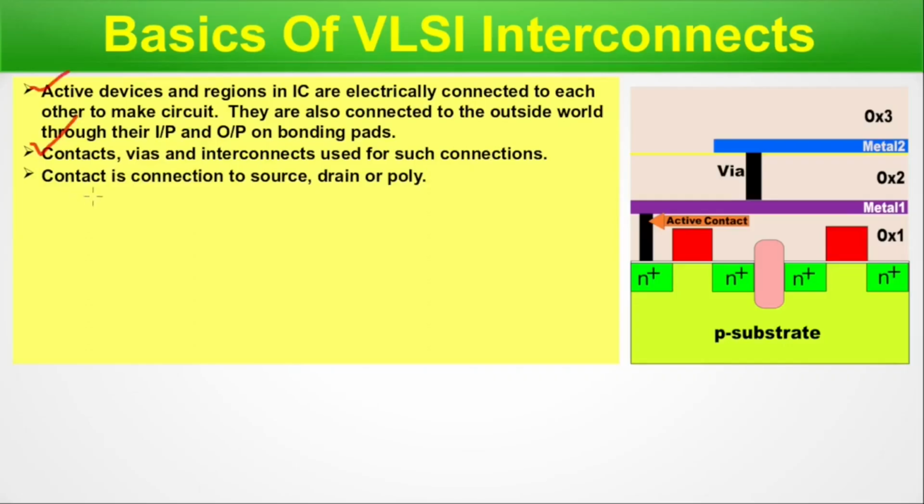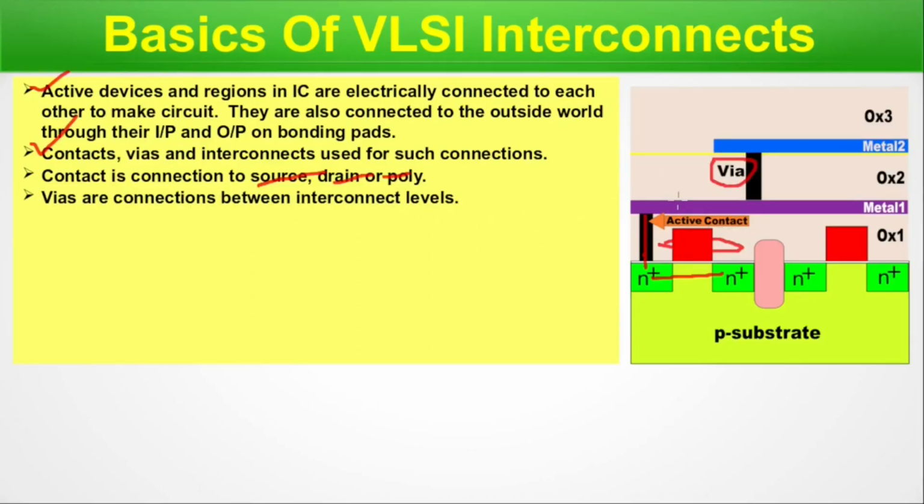Next, contact is the connection to source, drain and poly. This is source to drain. This is the channel region, and this is the contact to the active region. This is the gate region. When the electrical connections are directly to the active region like source, drain or poly, we call this a contact.